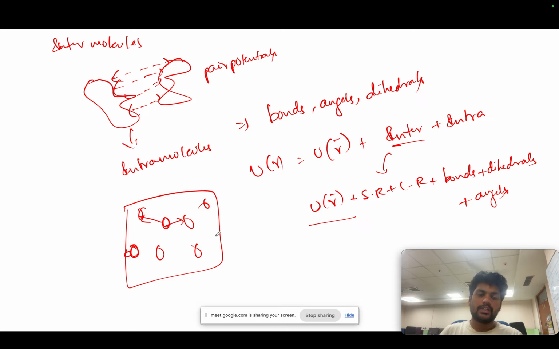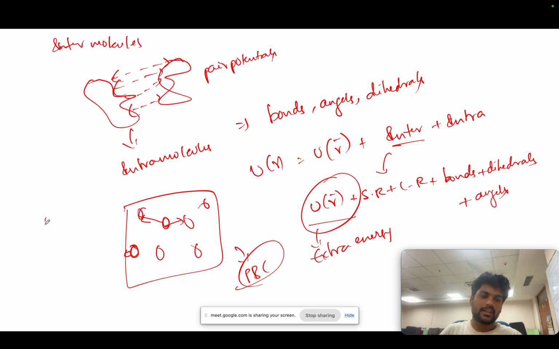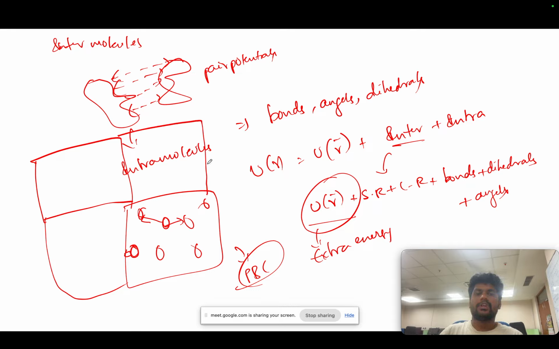So to avoid this extra energy term, we have gone to the periodic boundary condition, where we have created copies of the system in all three directions. It depends on whether you want to create it in all three directions or any two directions or any one direction.